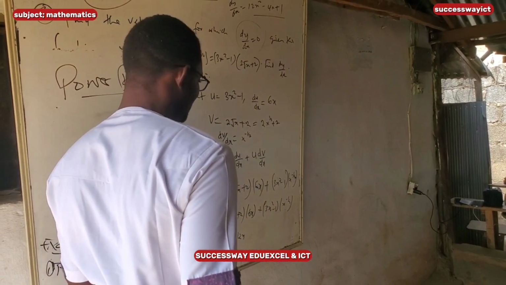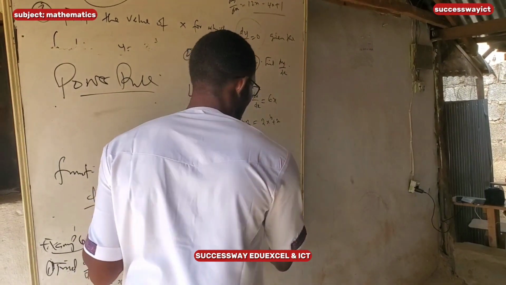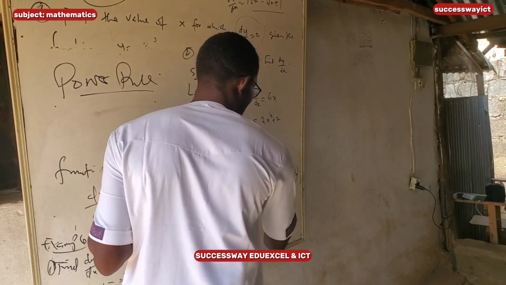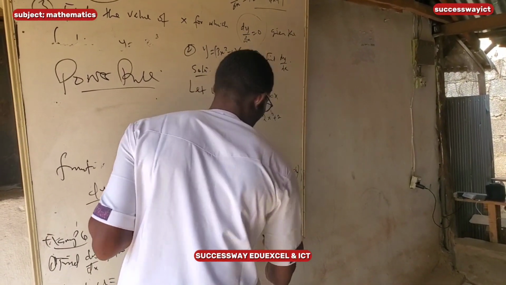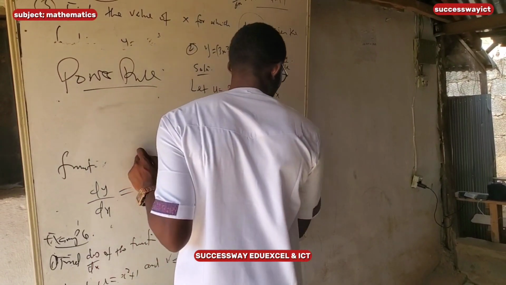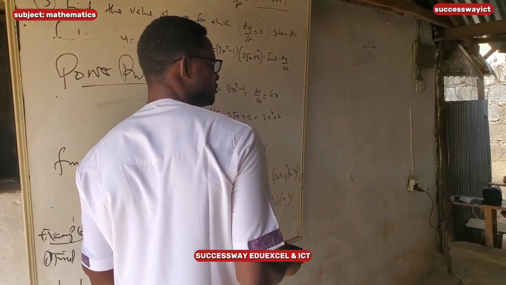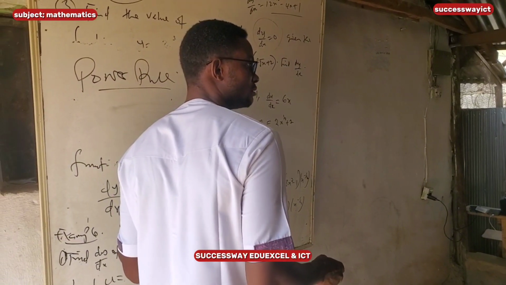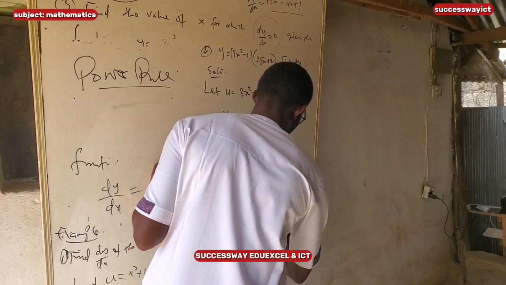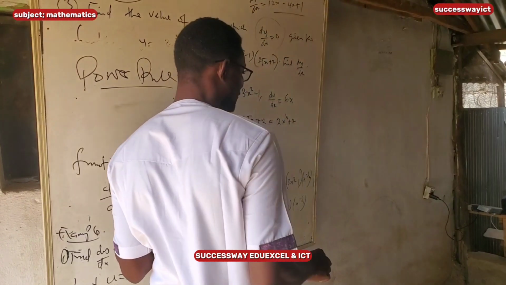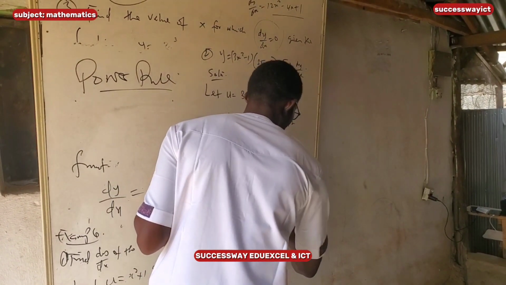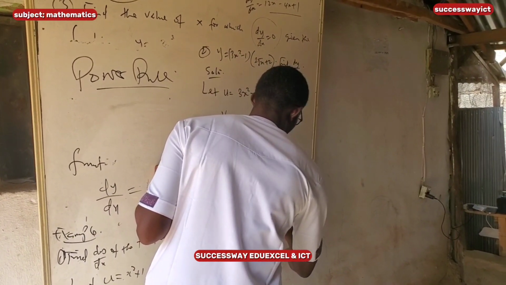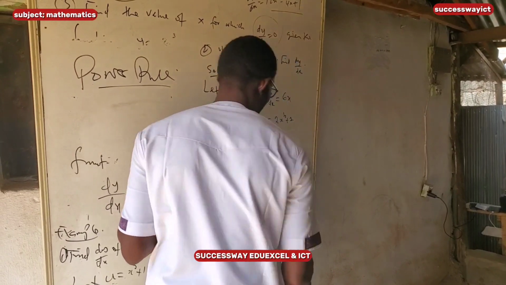Plus this multiplied by this: 3x to power 2 minus 1 over 2, which is 3 over 2, and then minus x to power of minus 1 over 2.